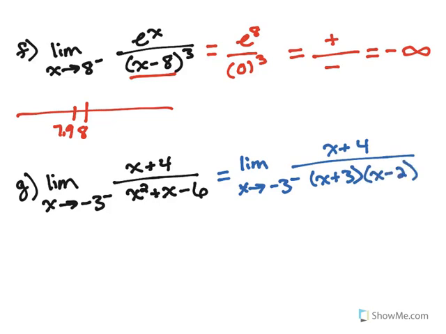Which means this function has two vertical asymptotes because I can't remove them, right? But we're concerned with -3 from the left. What's the number to the left of -3? -3.1.